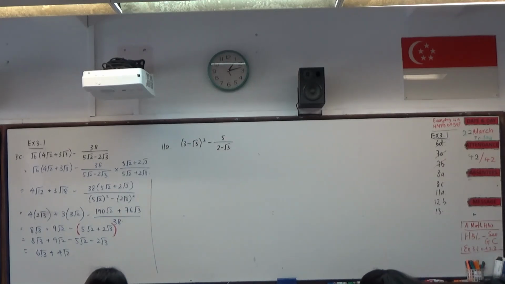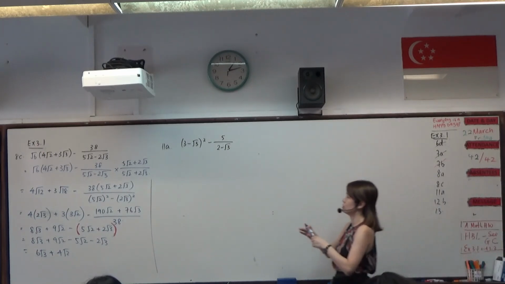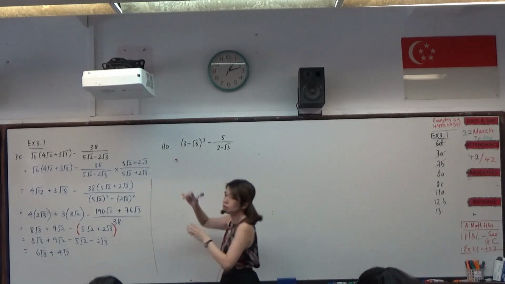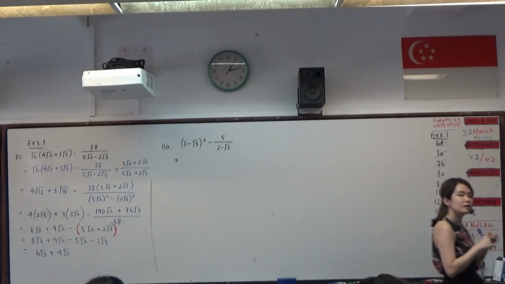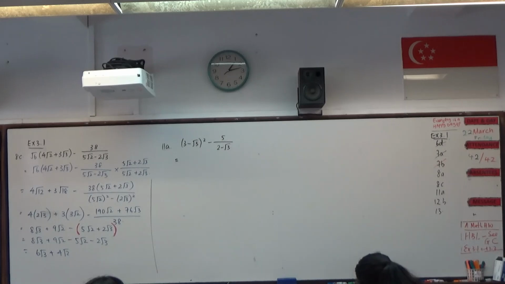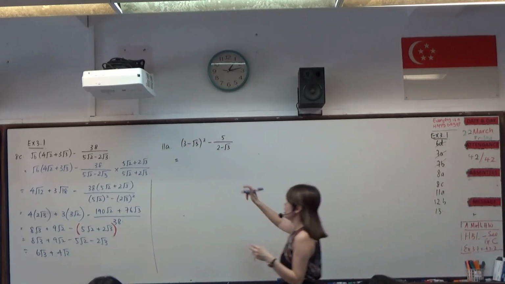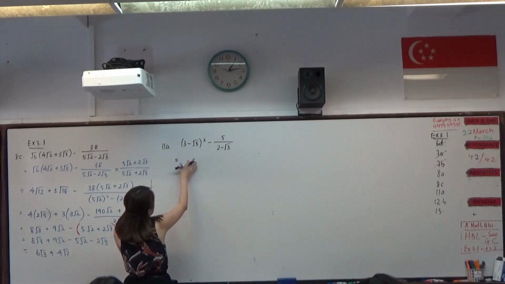Isaac now. What will you do first? Apply the identity for the (3 minus root 3) squared. Okay, good. So what do you get?